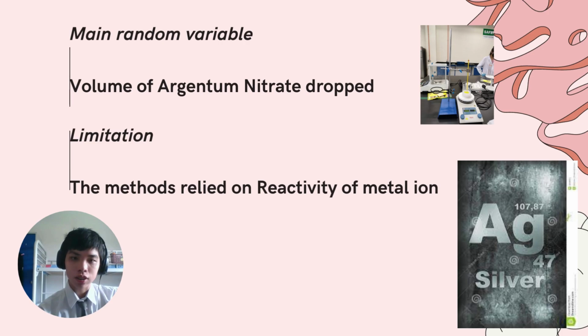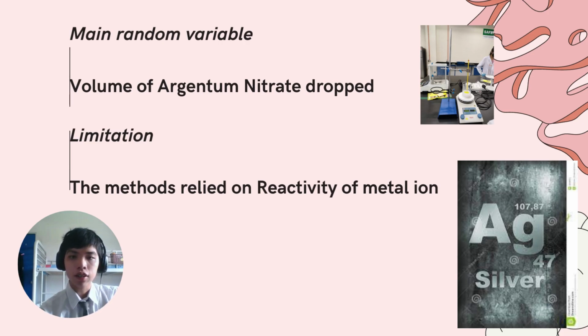Its volume used in precipitation is not counted. So we cannot identify whether the argentum nitrate was enough to precipitate, or whether there are many leftover ions inside the water. Other random variables can be the temperature or the time, but the major variable will be the volume of argentum nitrate.